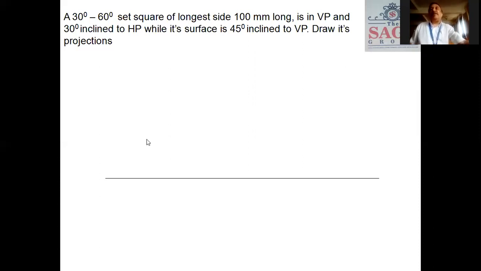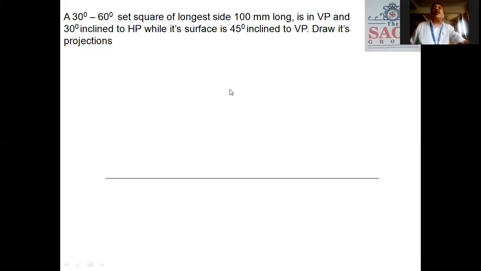So our first problem is solved, that is, where we have to draw the true shape. Now how do we draw the true shape? Now see, the clue is given: longest side in VP. Whatever is given, that is a clue for us to draw perpendicular to XY. So the longest edge is perpendicular to XY.